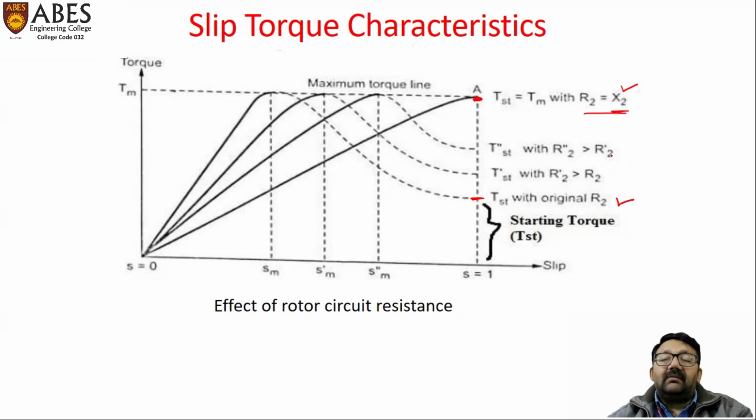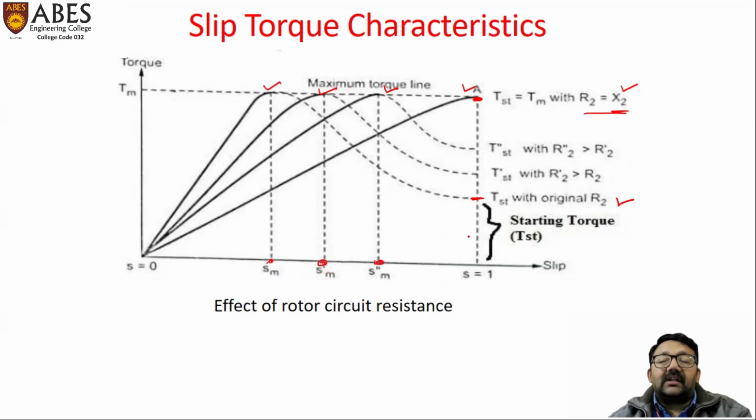Second thing, whatever the value of rotor circuit resistance, the maximum torque is the same at all rotor circuit resistances. So we conclude that the rotor resistance has no effect on the value of maximum torque. And one more thing, we can see that by increasing rotor circuit resistance, we can achieve maximum torque at correspondingly higher values of slip, or we can say lower values of speed.